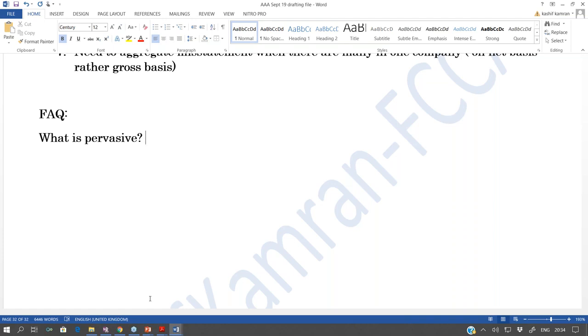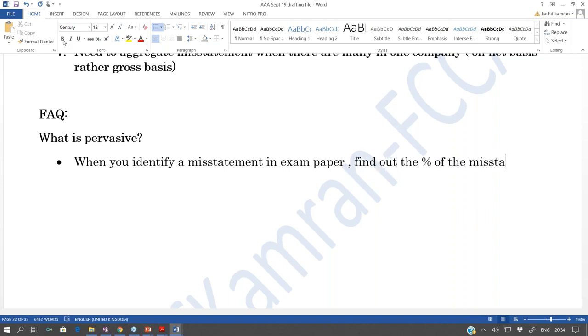Let's do it. When you identify a misstatement in the exam paper, find out the percentage of the misstatement by dividing it by total assets or profit or revenue, as applicable.